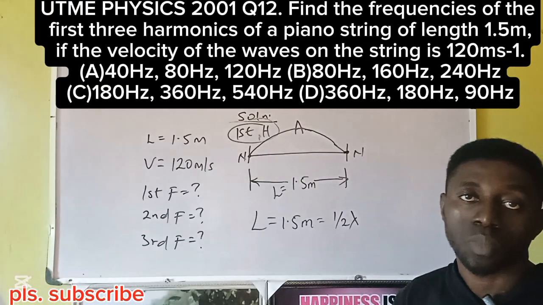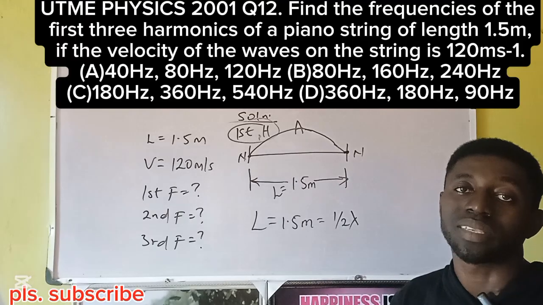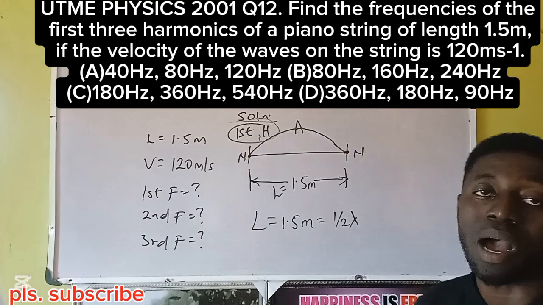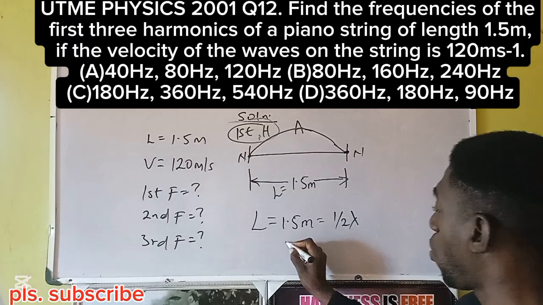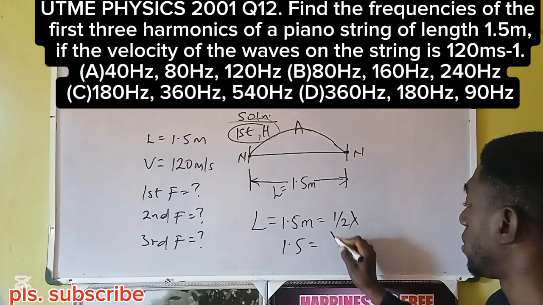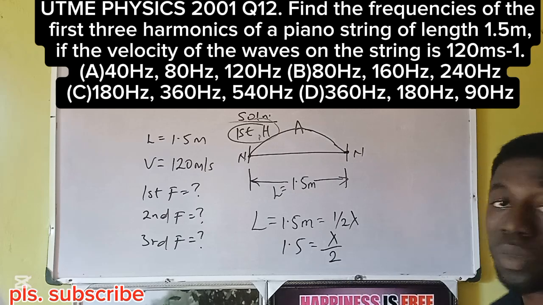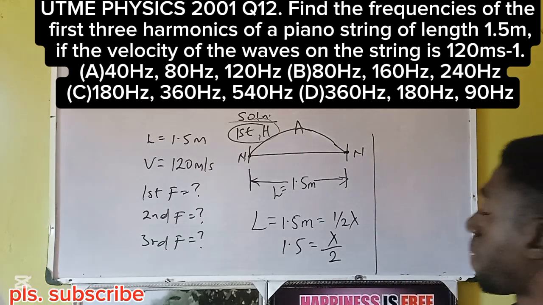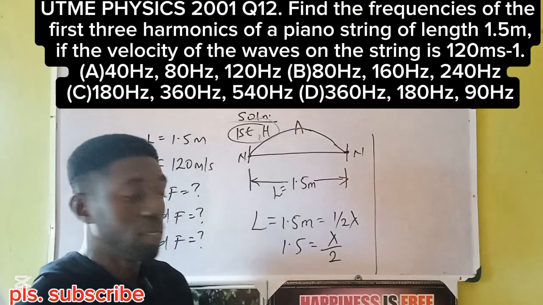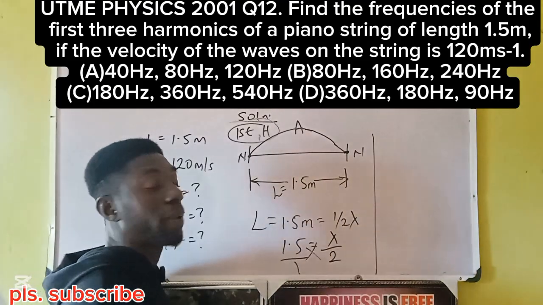So let's go on. Recall, harmonics is frequency, but let's go on with the wavelength. To get the wavelength from the length given, we have 1.5 equals 1 times wavelength, all over 2. Let's get our wavelength. Make it the subject: cross and multiply.